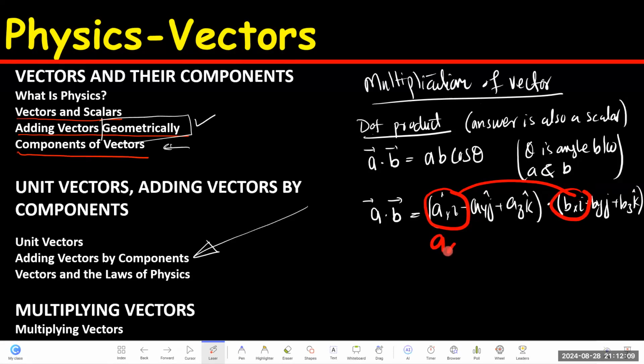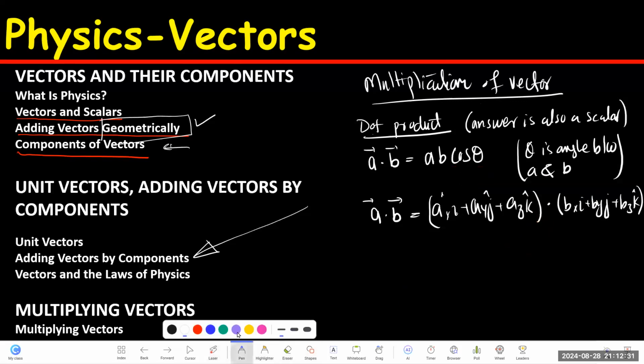So when AX is multiplied by BX, you write it like this, and I multiply with this I, so I dot I, both in the same direction, so the angle will be 0. You take cosine 0, and cosine 0 equals 1. So this I dot I will be gone.